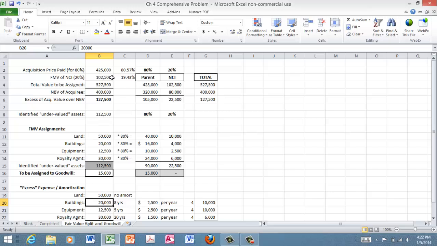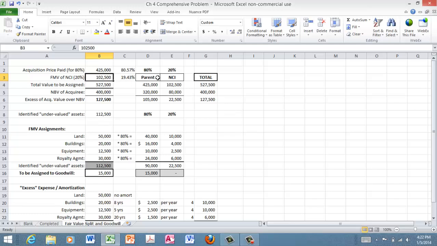I want to show you how they allocated that purchase price. The price that they paid was $425 grand. That's what you see in the investment account on the balance sheet. They also tell you that the fair market value of the non-controlling interest, hence the NCI abbreviation, is $102,500.